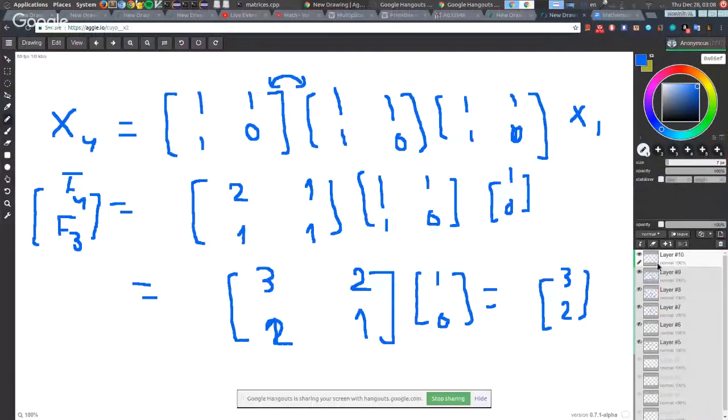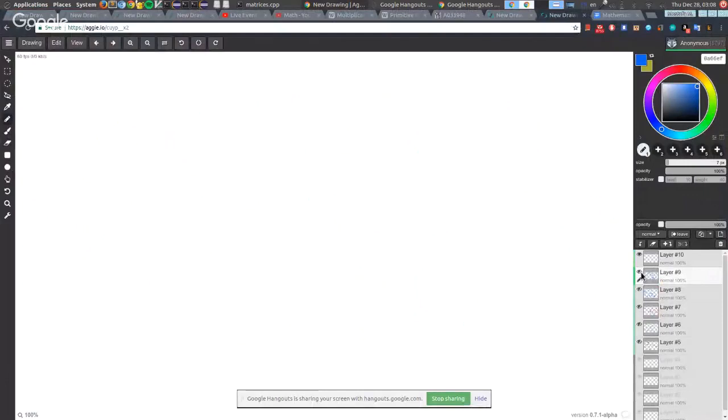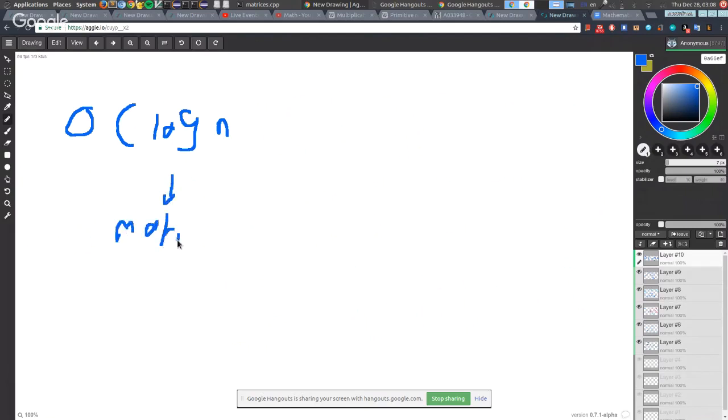So what is the time complexity of that? So basically, we make O(log n) multiplications, like this is the number of matrix multiplications. So it's the number of times this function is called.